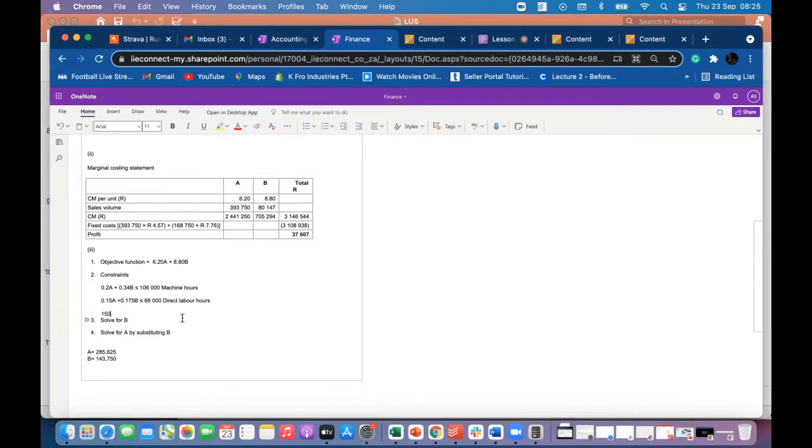So we say 150 divided by 1,000, and that's how we arrive at the 0.15. Same principle for B. We say 175 divided by 1,000 will then give us 0.175. Awesome. So that's how we got those there.